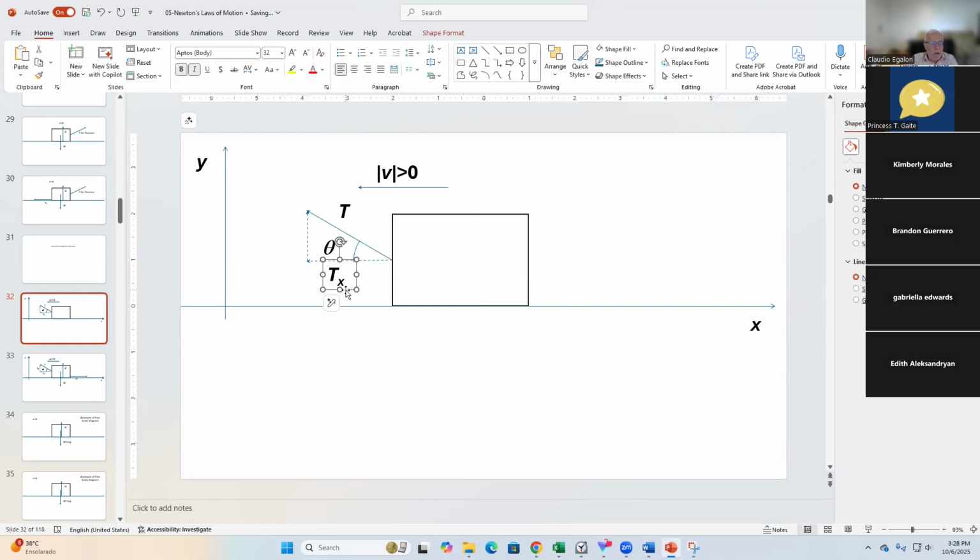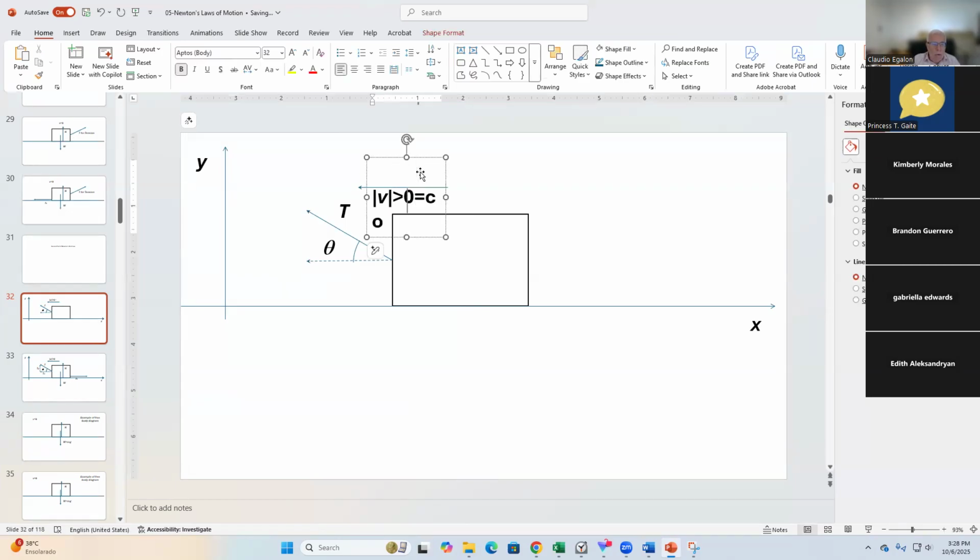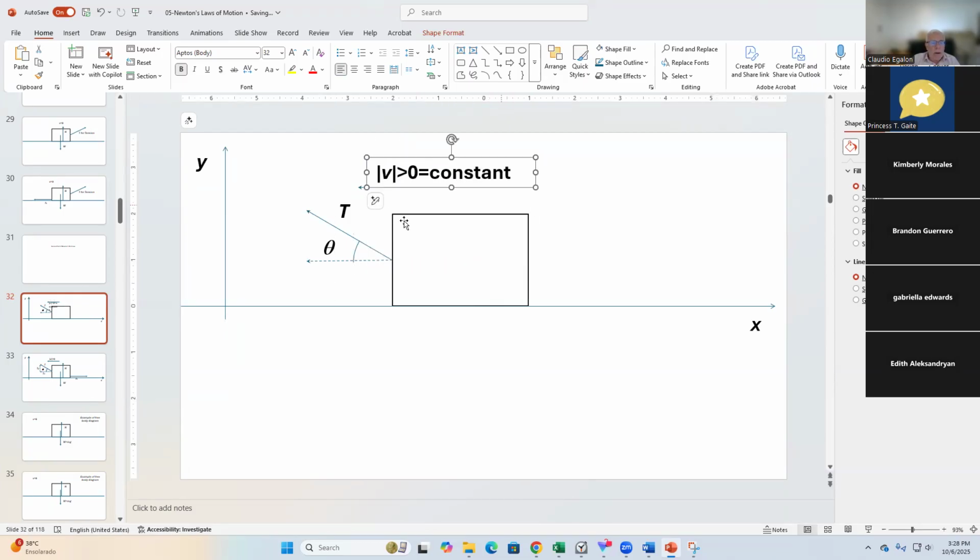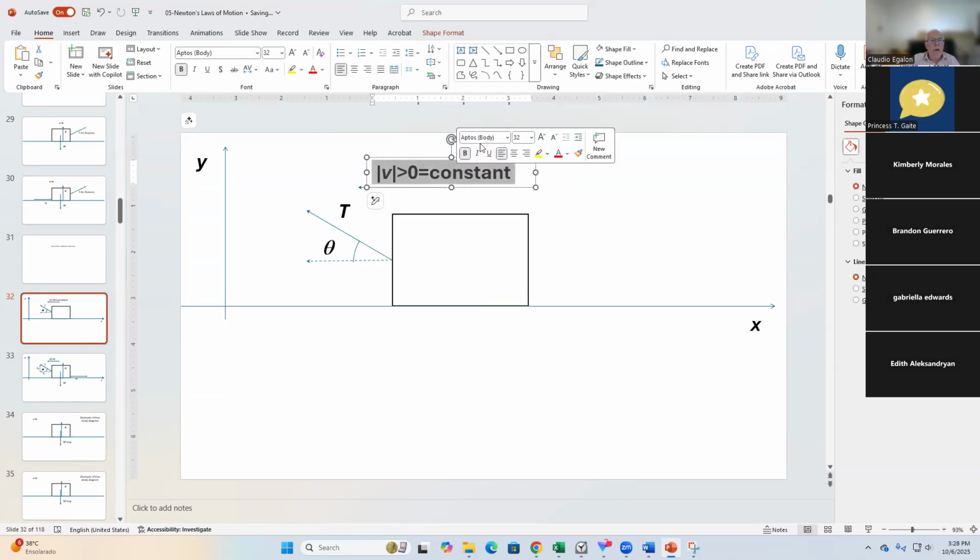Constant velocity, v greater than zero equal to constant. Which implies the acceleration is equal to zero. Which implies a is equal to zero.